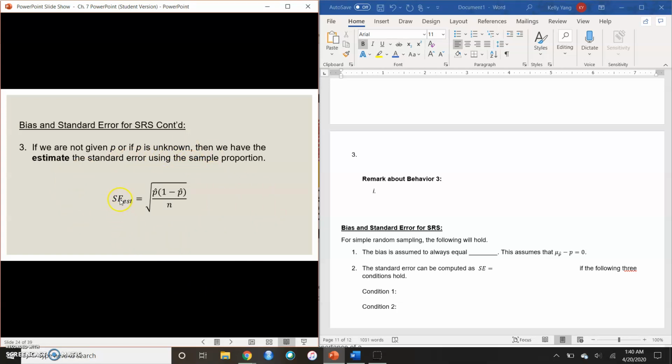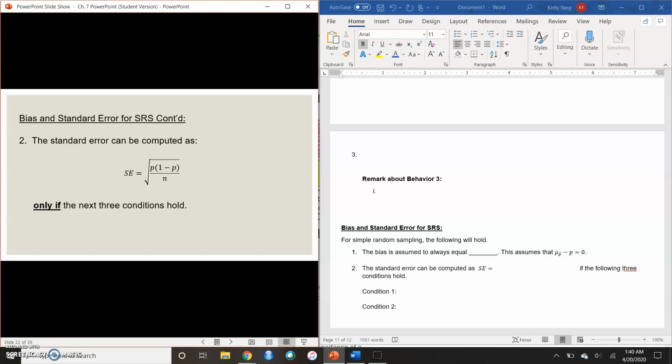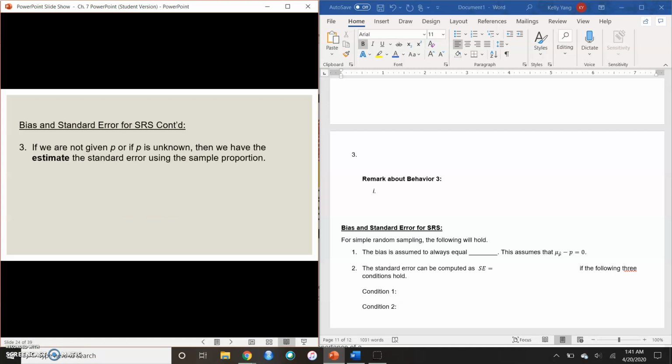This is going to be the standard error estimated, which is the same thing, except now we're replacing p, the population proportion, with p hat, the sample proportion. Again, this is only used if the population proportion is unknown or not given to us. Other than that, the one that we should be using would be this formula right here. I hope you make a clear distinction between these two and the criteria for using the standard error estimated formula.